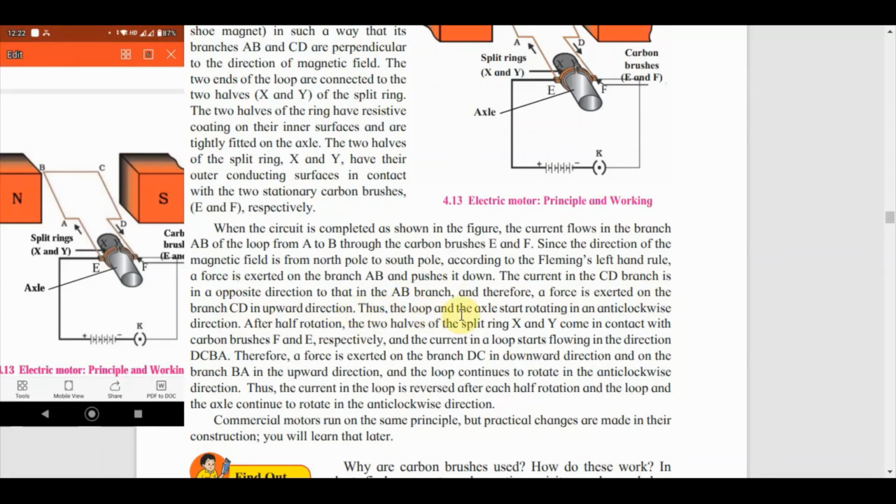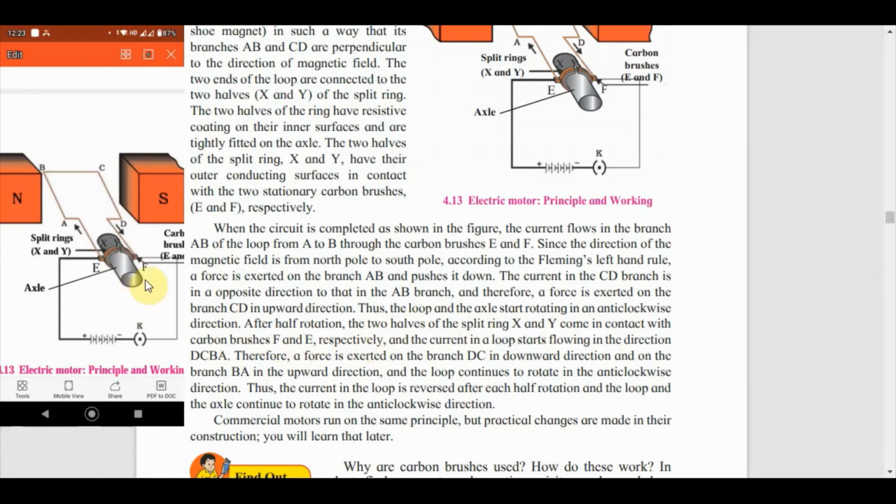Thus the loop and the axle start rotating in the anti-clockwise direction. After half rotation, the two halves of the split ring, X and Y, come in contact with the brushes F and E respectively.